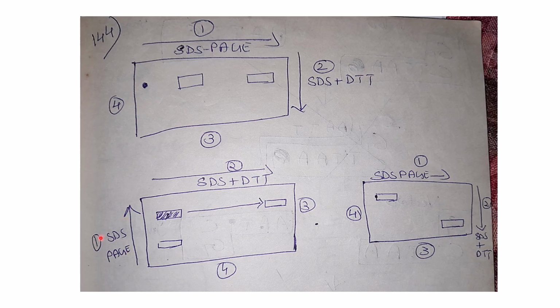So when you rotate it, you get the 1 over here. 2 will be here. So these are the two bands that you got by SDS page. So this second band is what I have shaded here. Okay, here will be your sample application point. So this is the second band, and when you do the SDS DTT run, you will see that this band has moved from this position to this position.